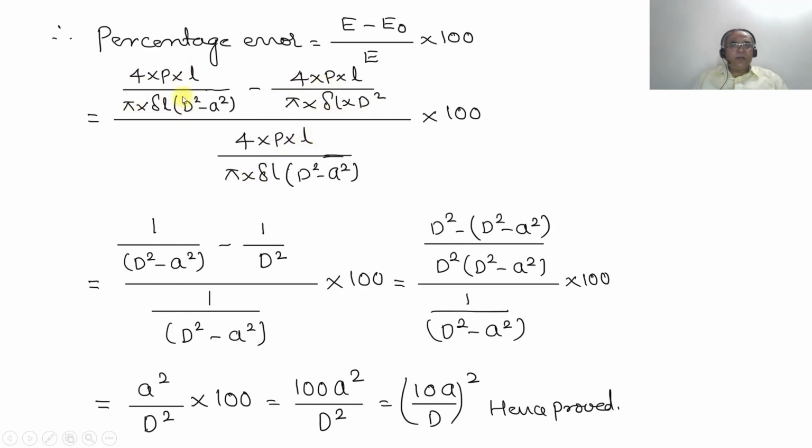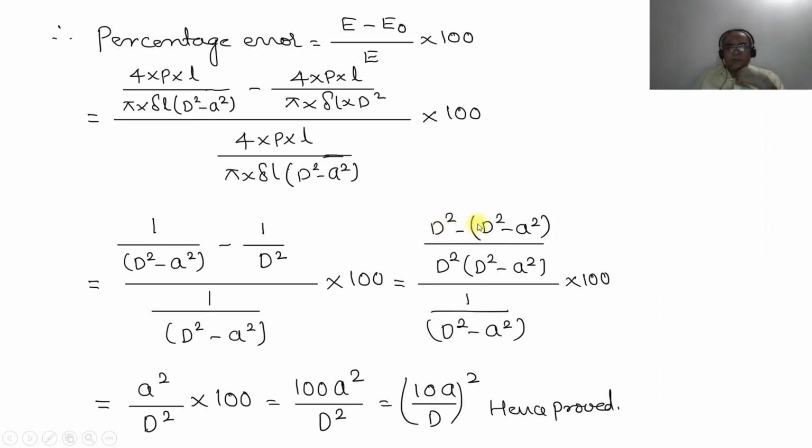Therefore, it will be equal to [1 by (D square minus a square) minus 1 by capital D square] divided by [1 by (D square minus a square)], into 100. When you take the LCM, D square into (D square minus a square), the denominators cancel, therefore D square minus (D square minus a square) is in the numerator, divided by 1 by (D square minus a square), into 100.